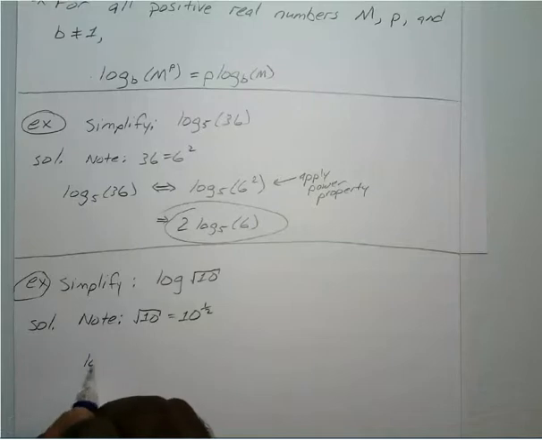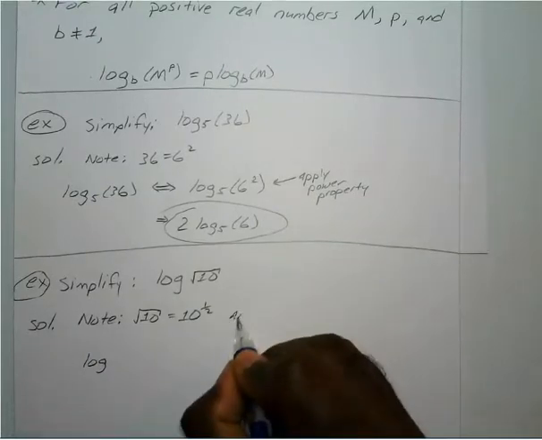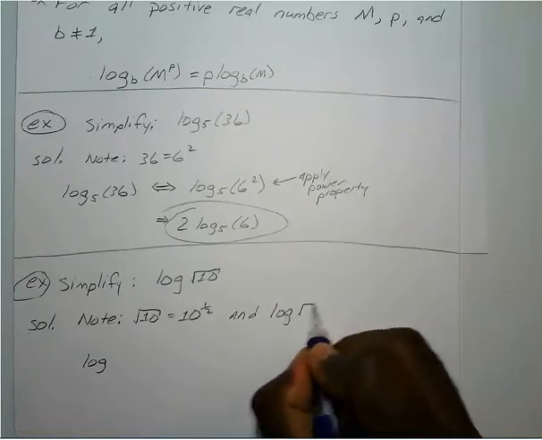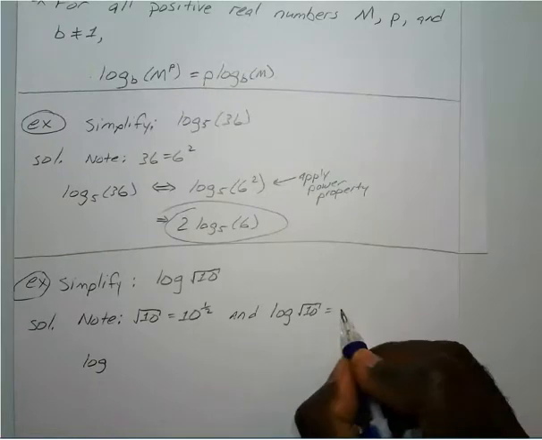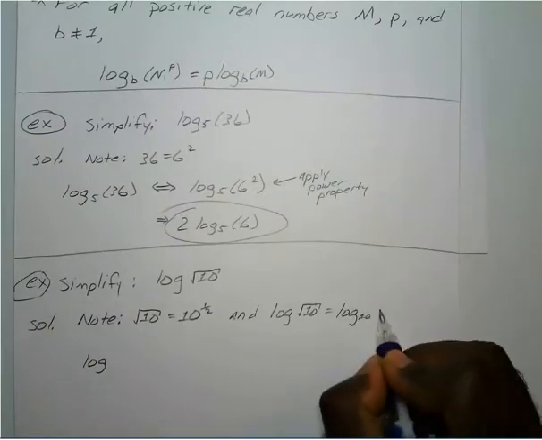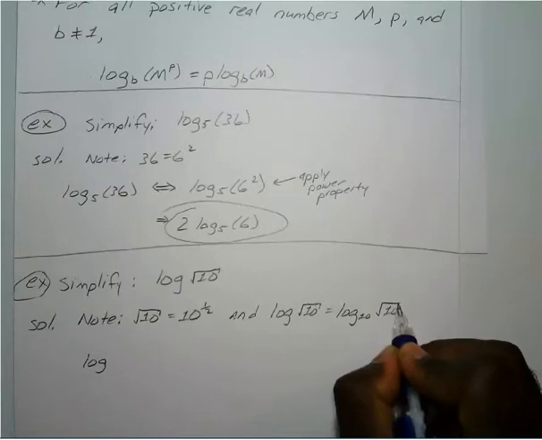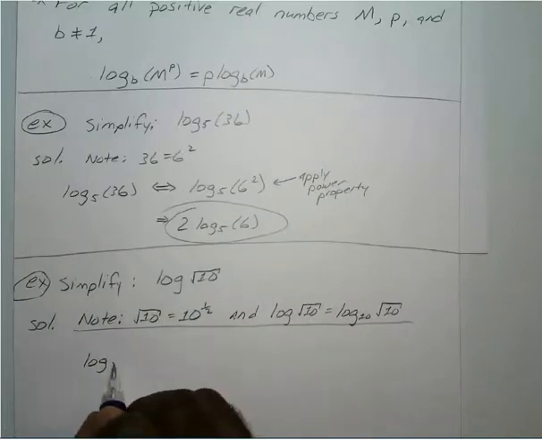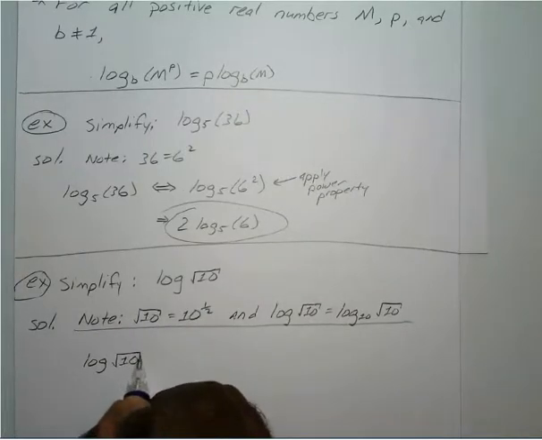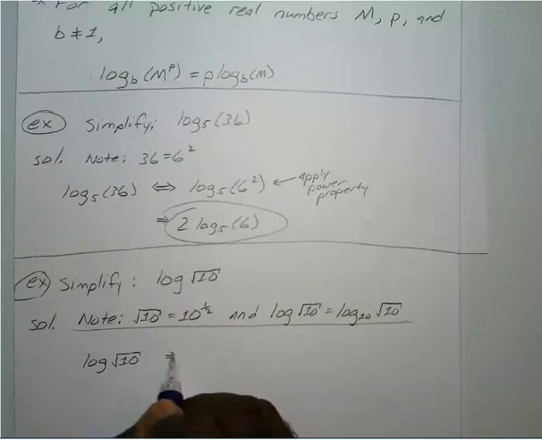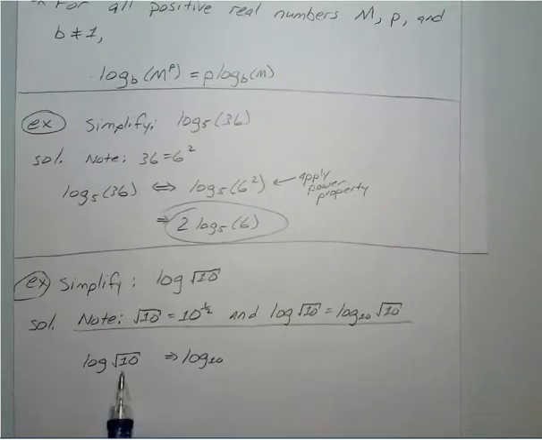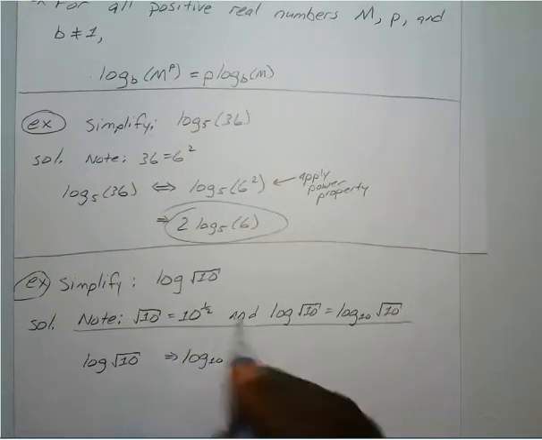Okay, so that means, oh, another thing we have to note, and we know that log of square root of 10 is equal to log base 10 of square root of 10. Okay, so kind of two things you want to note here. So that means log of square root of 10, you can rewrite that as log base 10, and square root of 10, you can just rewrite that as 10 to the 1/2 power.